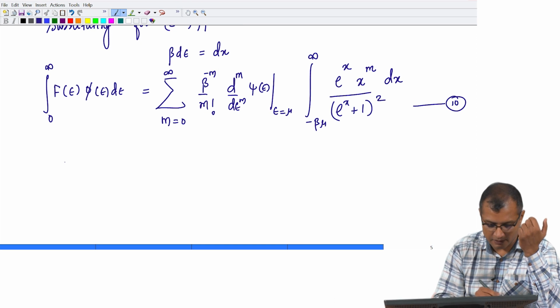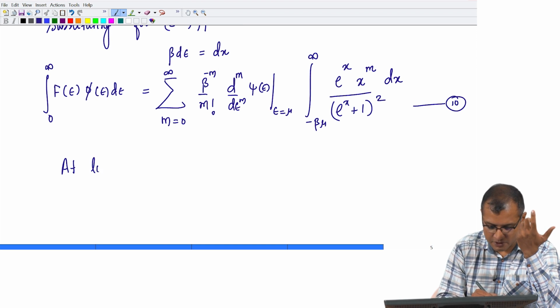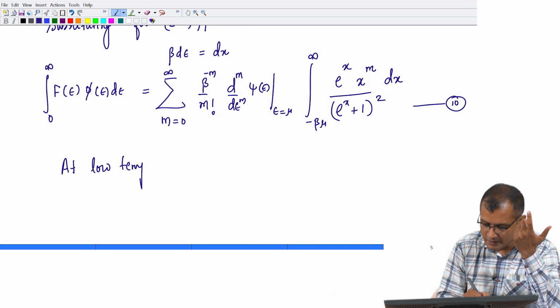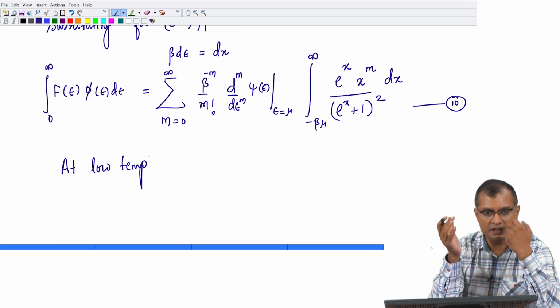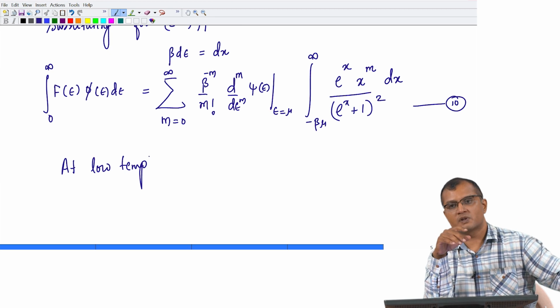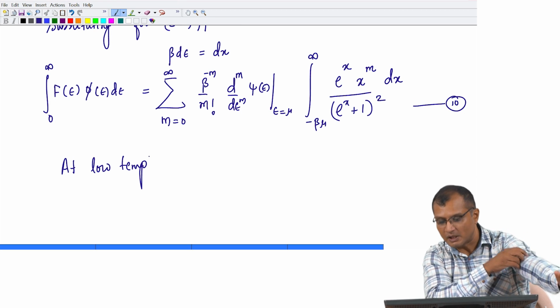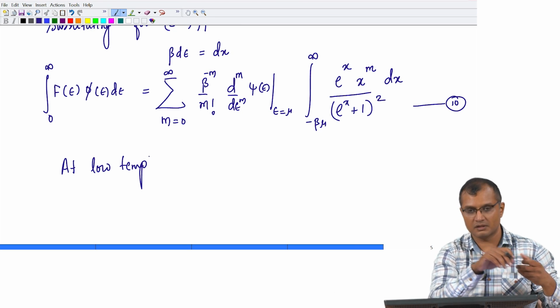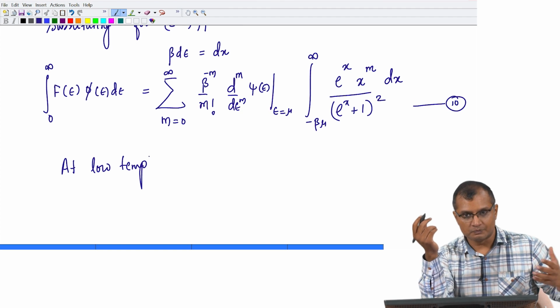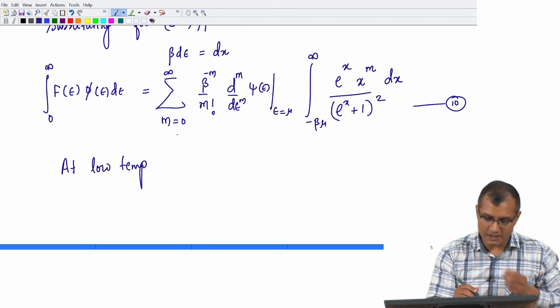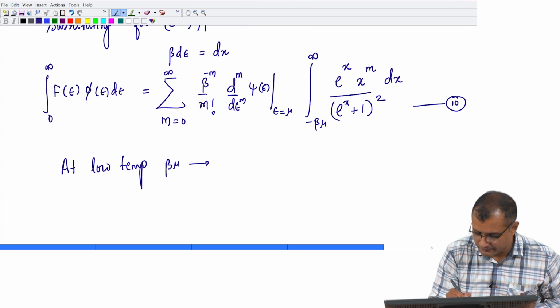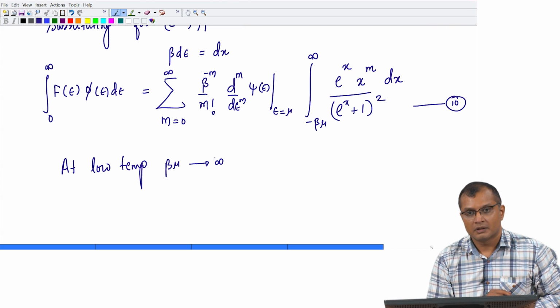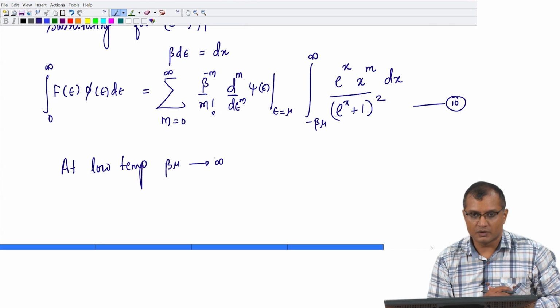So, I am going to solve this integral at very low temperatures. Now, but low temperatures means what? I need a scale. At the beginning of the discussion I said low temperature, but at that time if I had introduced a temperature scale, it would have been meaningless because I had not discussed the problem in general. But now I have a temperature scale here which is mu. So, I can say that very low temperatures means my beta times mu should go to infinity. Okay. So, mu over kT should go to infinity, that is the meaning of low temperature.